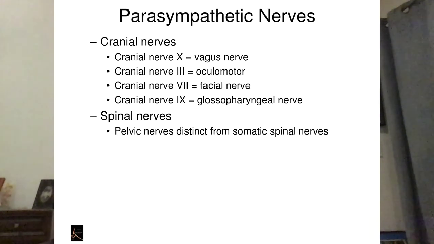I know I didn't have to tell you any of that. You remember that from anatomy, don't you? Then your preganglionic fibers from sacral areas 2 through 4 innervate the lower half of your large intestine, the rectum, the urinary tract, and the reproductive systems as well.